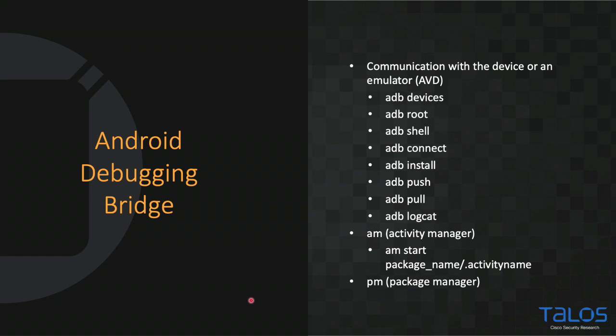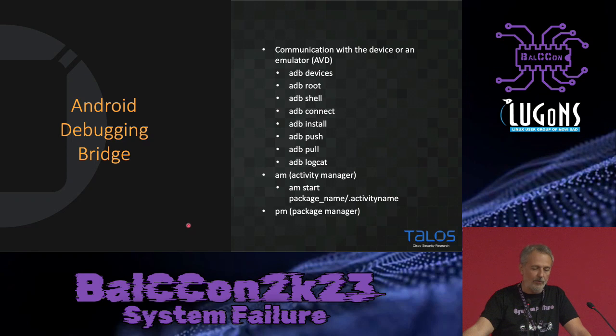ADB has many functionalities. You can start ADB as root on the virtual device side and then launch a shell, and in that shell you have more or less normal Linux commands. You can install APK files, push and download files, and also get all the logcat messages. So it's kind of like a Swiss army knife for debugging tasks on the command line.